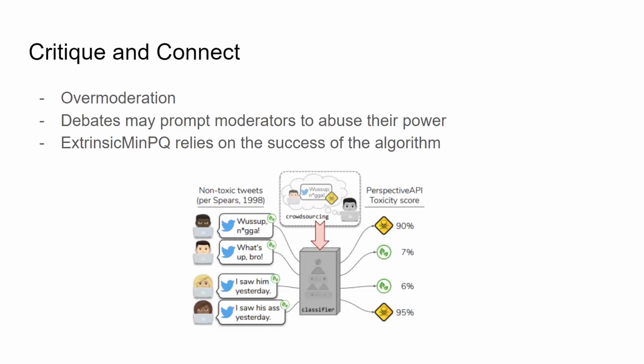Okay, so now we are in the critique and connect part. So this article is a reminder that over moderation is not necessarily good and definitely takes away from the user's experience. Over moderation can lead to a lack of engagement in the comments themselves, leading us to ask whether over moderation is a benefit or harm for some things.